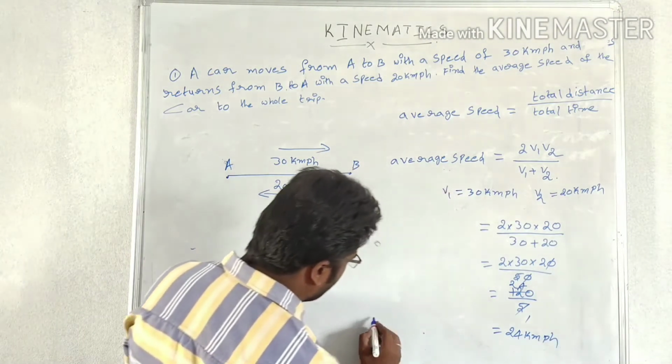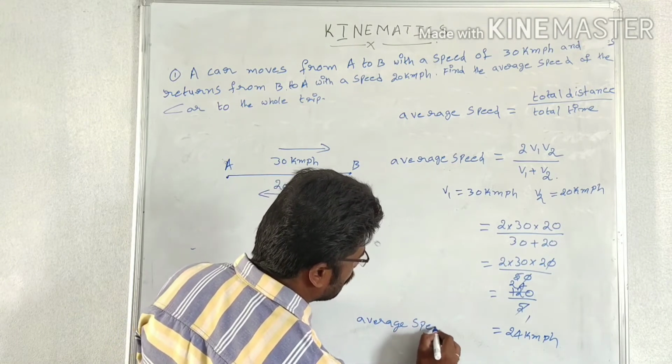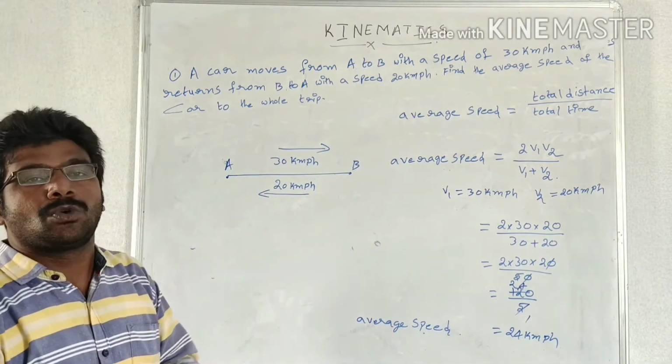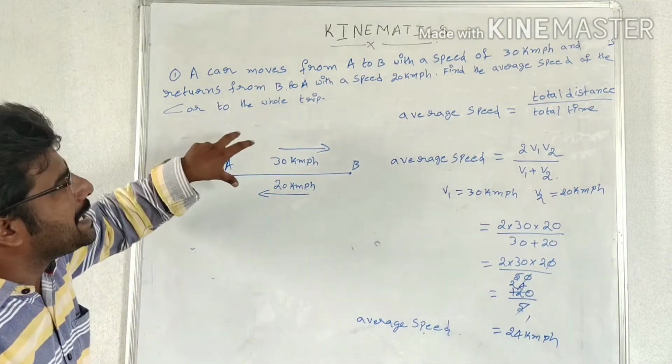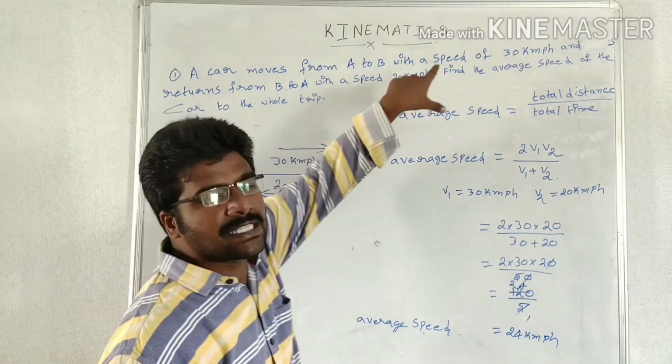So the average speed of the car is 24 kilometer per hour. This is the method to do problems when distance and time are not given, only the speeds are mentioned.